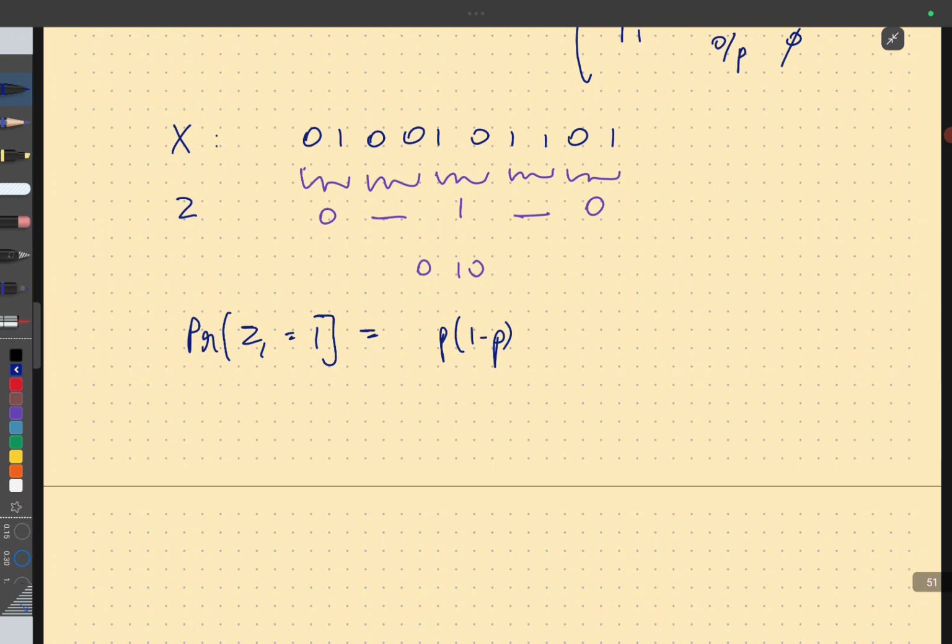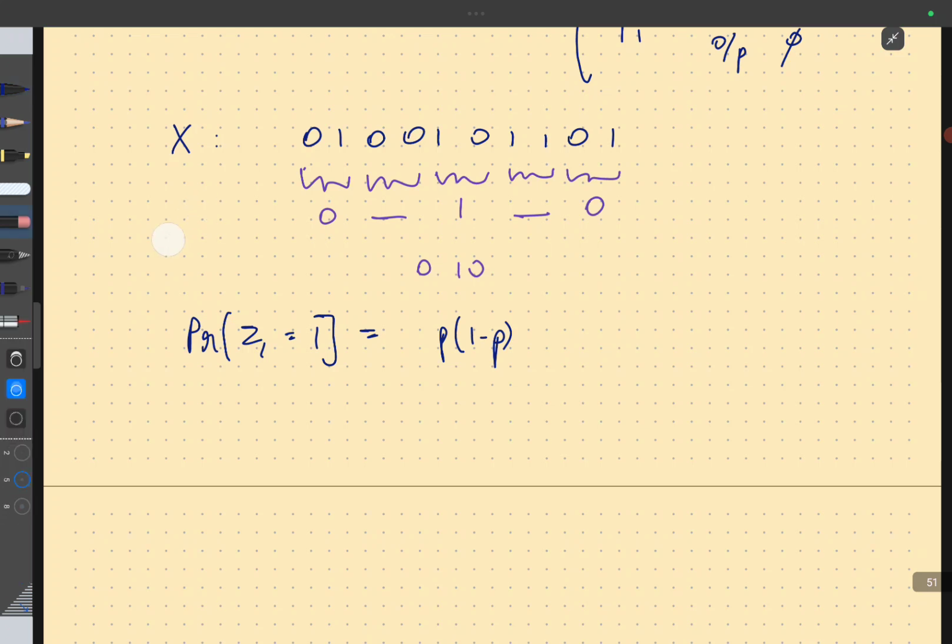So what is the probability that Z1 is equal to 1? Okay, are you sure? Potentially I could have got an empty string. I wait for as many empty strings as possible to get the first bit, right?